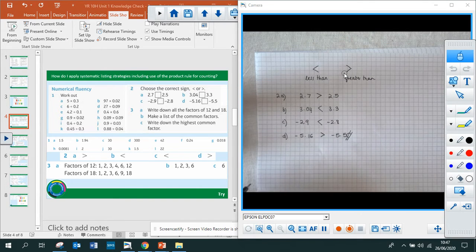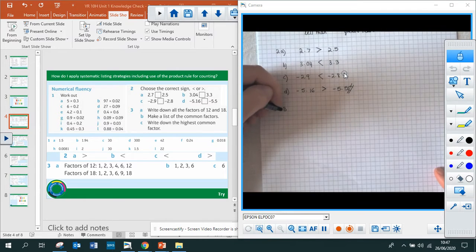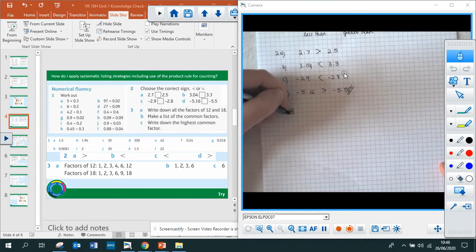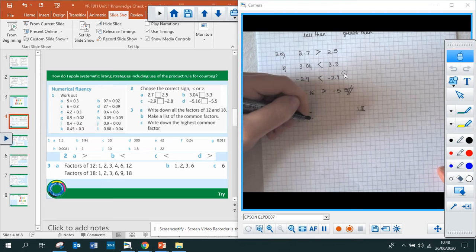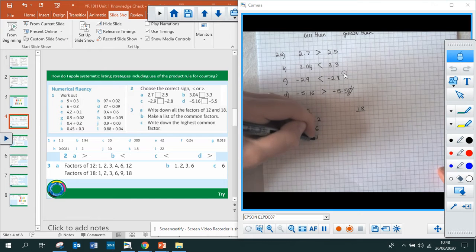Okay, question 3. It wants to know all of the factors of 12 and 18. So you wanted all the factors of 12 and all the factors of 18. Okay, 1 and 12, 2 and 6, 3 and 4.